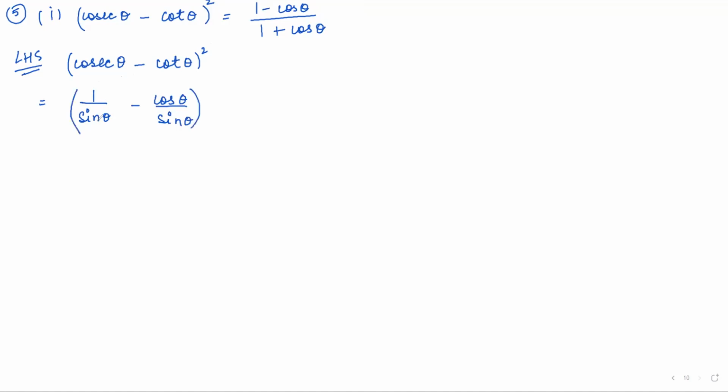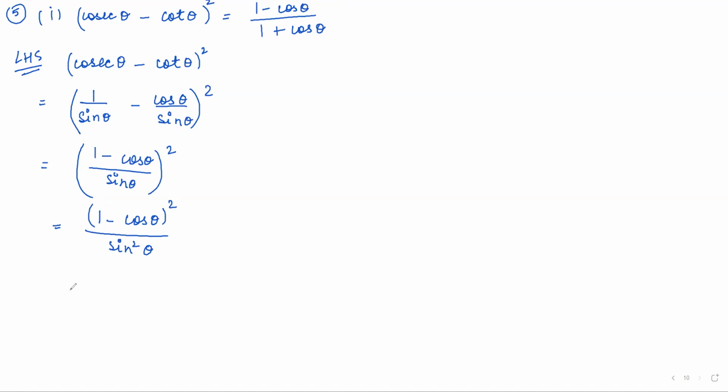Whole square. Now I can use a minus b whole square also, or I can do one thing, I can take LCM sine theta. So this will be 1 minus cos theta whole square divided by sine square theta, correct?